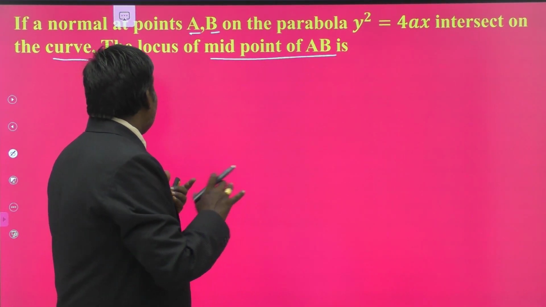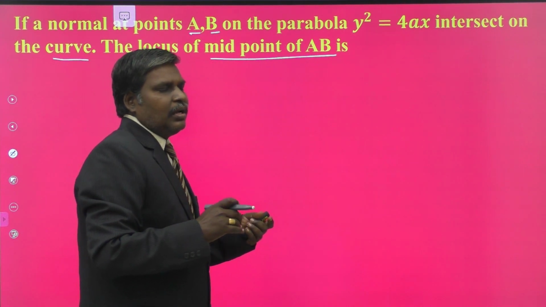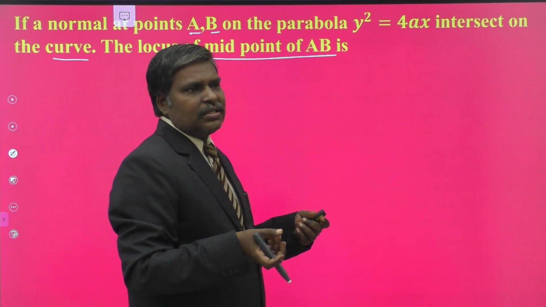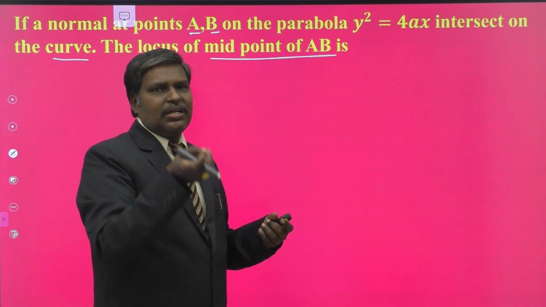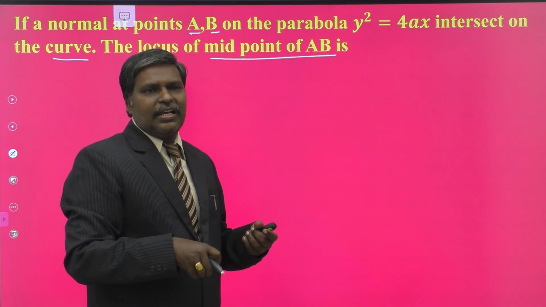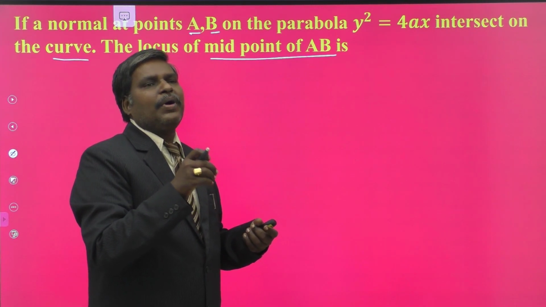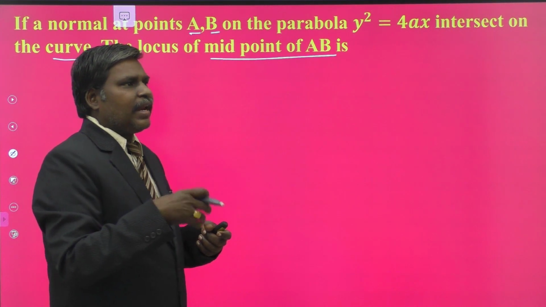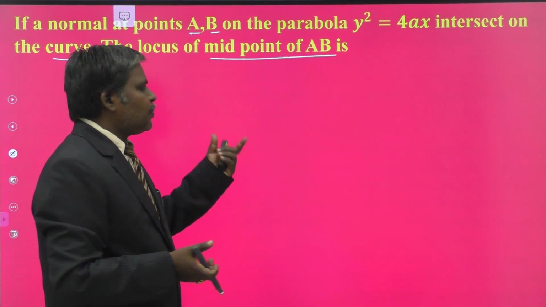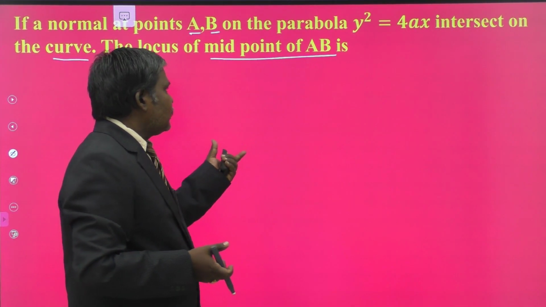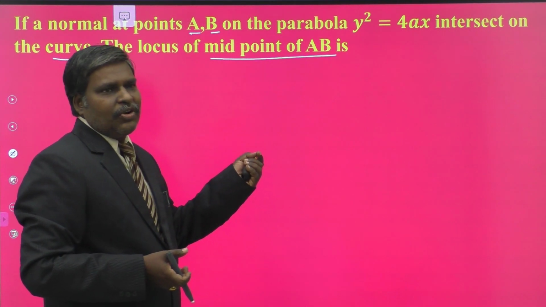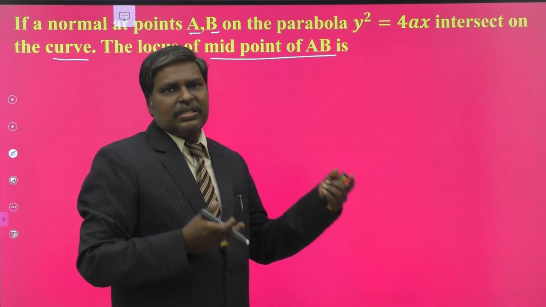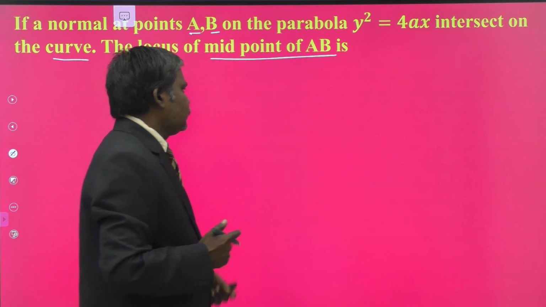So if you take a pair of points on the parabola, draw the normals at those points. If their point of intersection lies on the parabola itself, you have to collect the midpoint of that chord. So there exist so many chords to that parabola in such a manner. Then you collect all such midpoints, and you get some locus. That is what you are going to find out here.